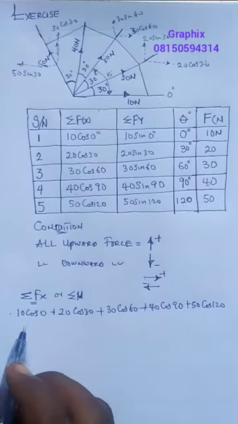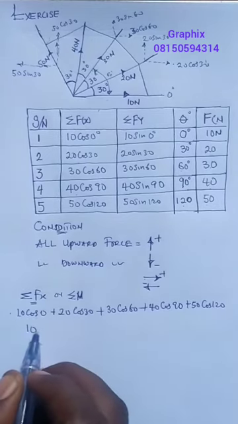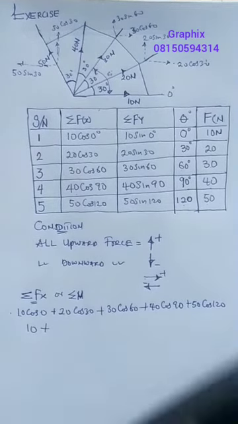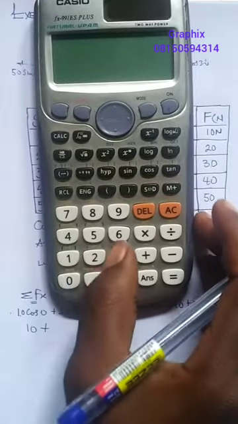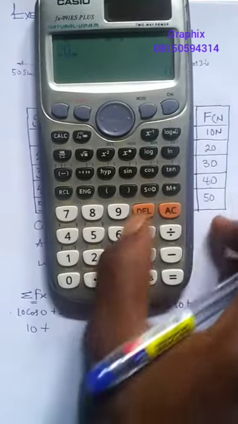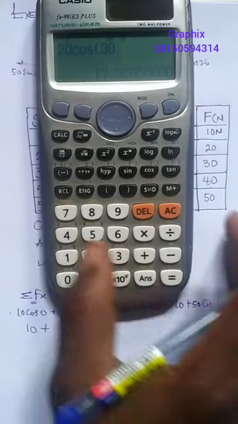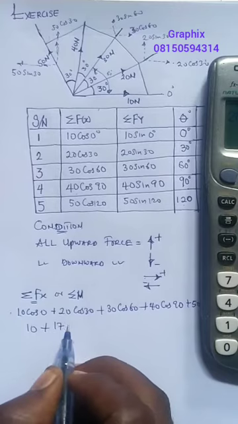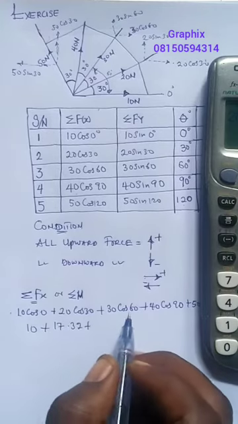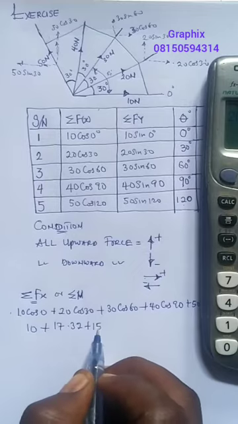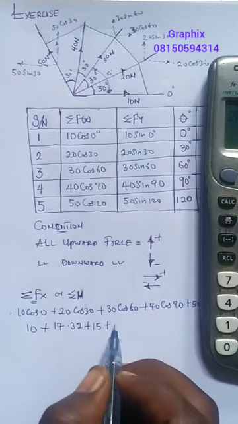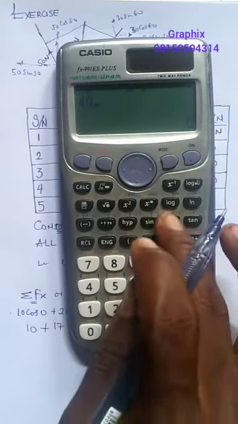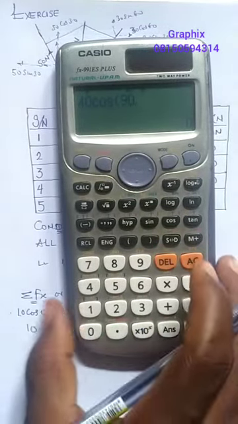Now from here, 10 cos 0 is 10, plus 20 cos 30, which is 17.32. 17.32 plus 30 cos 60 is 15, plus 40 cos 90 is 0. You press it, that 40 cos 90 gives us 0.